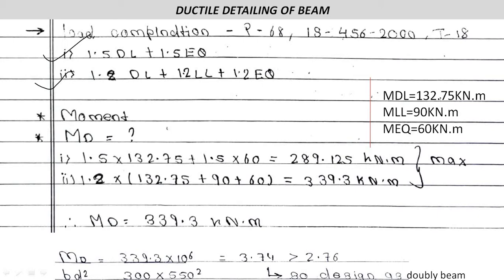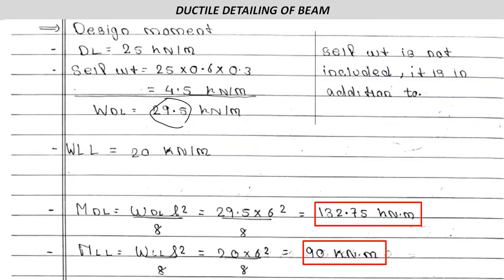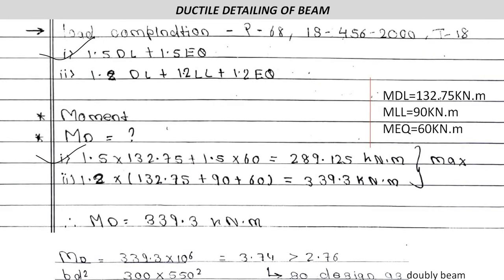First we will place the values for the first combination. We will place 1.5 into dead load. The value of dead load we will use from here, the moment due to dead load, 132.75, plus 1.5 due to earthquake load.